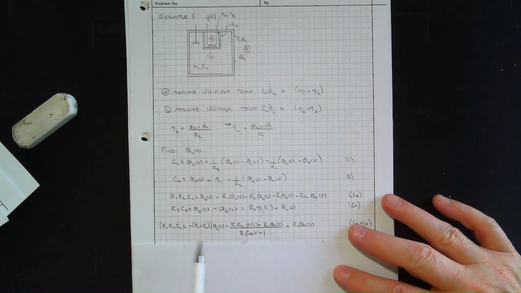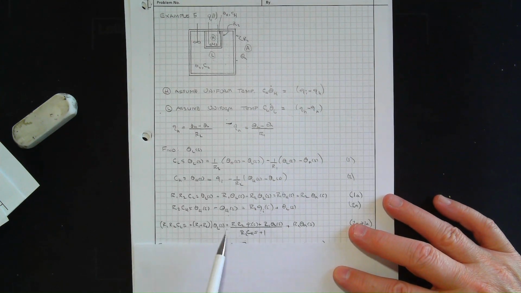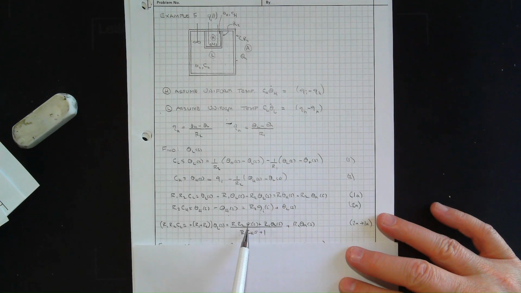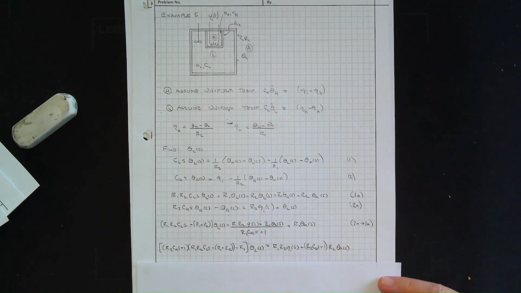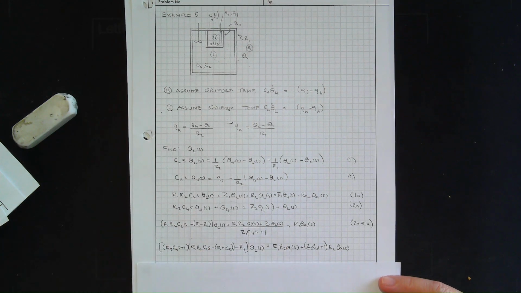All right, well, once we do that, now we have this input, the heat supplied, and we can view the atmospheric as an input, and so we can gather all the theta L terms. We'll take a bunch of this stuff to the other side. And so we have everything now in theta L, the temperature in the low temp region, our supplied heat, and the atmospheric.